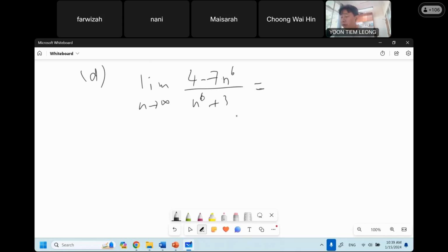Instead of x, you are dealing with the index n. So the way you do this is to try to express this in the form of 1 over n as much as possible. So what you do is you pull out the factor of 1 over n squared.